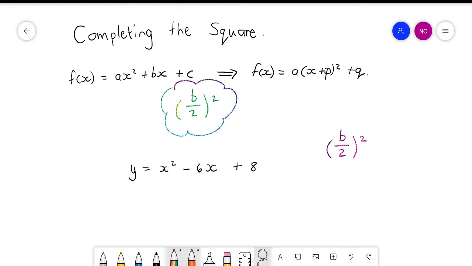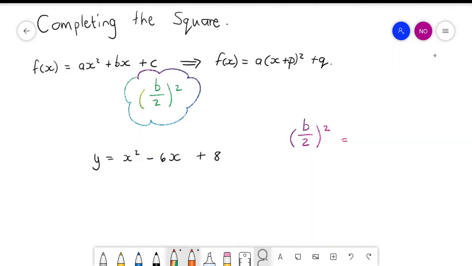Wat is b in daai geval? 6. Eintlik minus 6, né? Minus 6 gedeeld deur 2 kwadraat. Why do you do that? Which is negative 3 squared, which is equal to 9. En ek gaan nou vir julle wys hoekom ek daai stappie inhou. It's going to help you later on if you have that in a bracket somewhere.